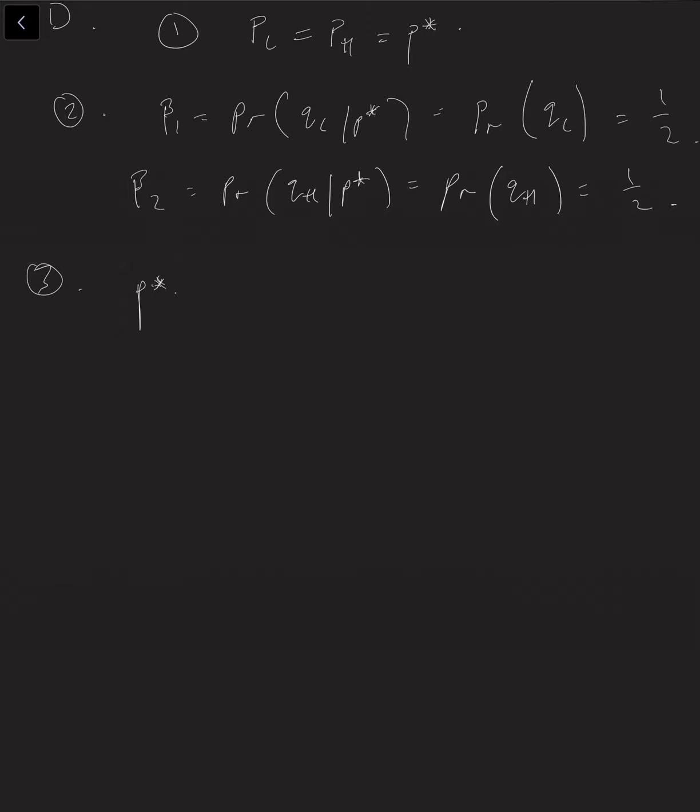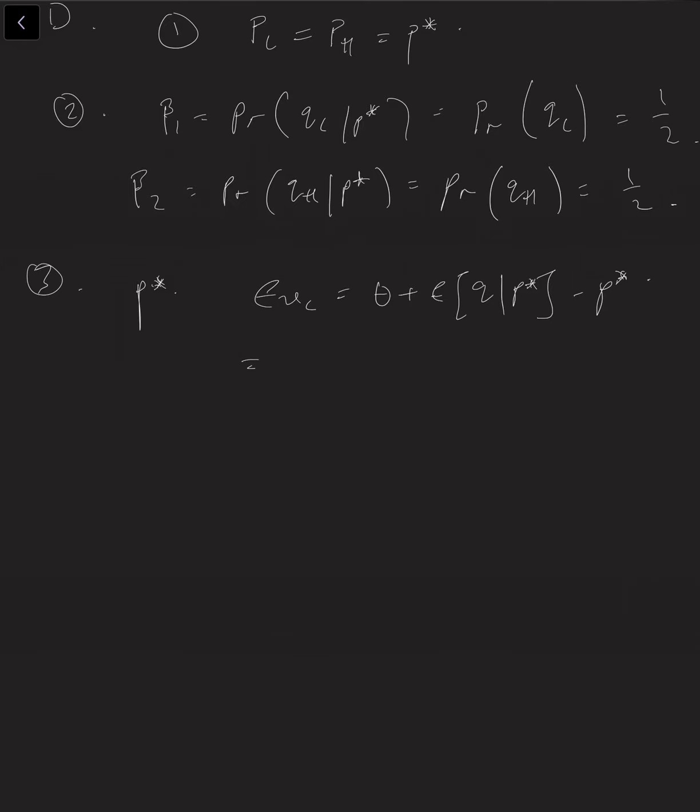So the customer's expected utility will then be theta plus the expectation of Q given P star, subtract P star.